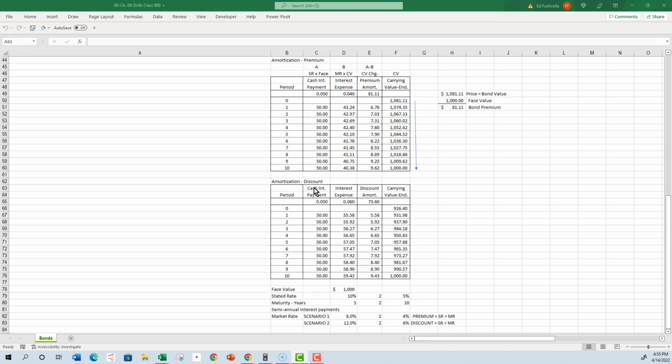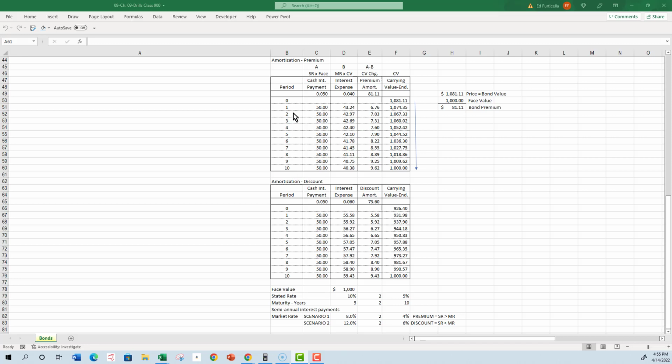So let's start with calculations for our premium bond of $1,081.11. Period 0 represents today. That represents the price of the bond that we issued of $1,081.11. After that, we have 10 periods, each representing the semi-annual payments during the year.